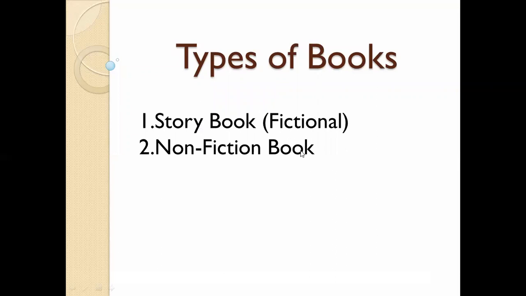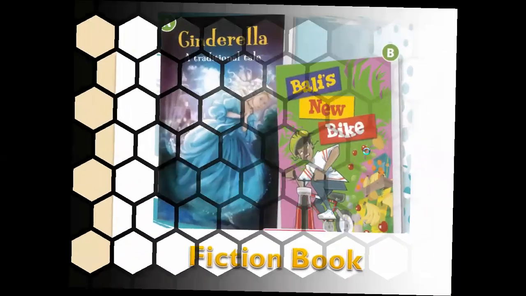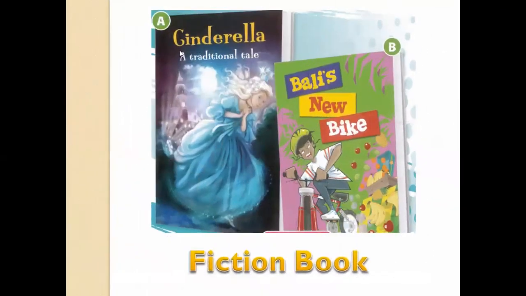Storybook, and non-fiction book. What are storybooks? The books in which we read stories, like this, Cinderella, a traditional tale. Cinderella is the name of a story. Like in the last class, we studied The Fox and the Crow.